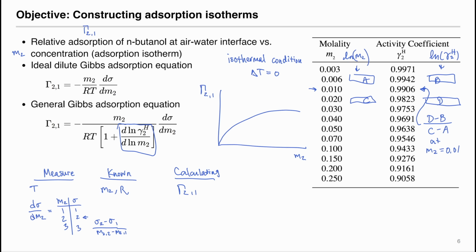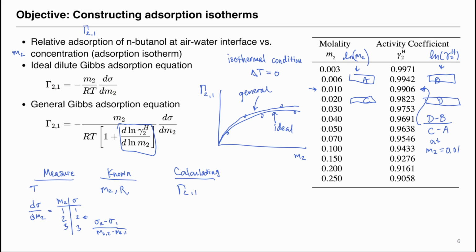We want to do that operation at each point of M2 so that we have enough data to actually generate this plot and fit the data points. So we're looking for 2 plots. One plot is the ideal dilute equation, and the other is the general case.